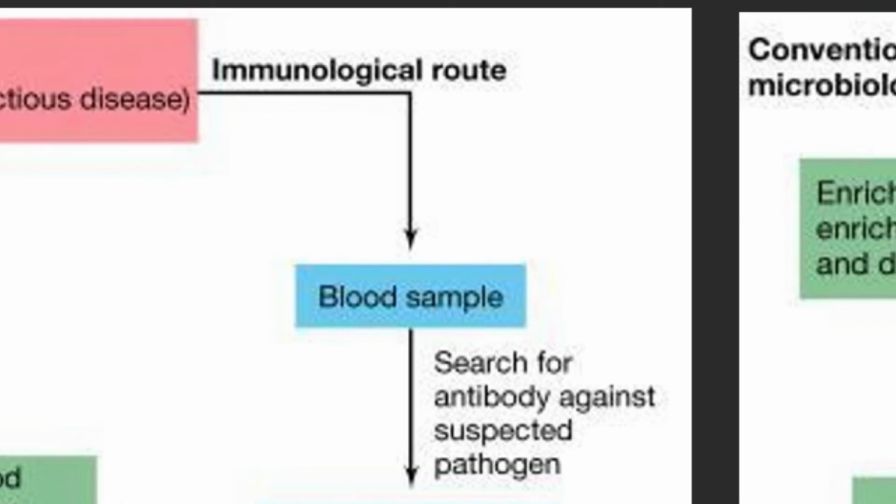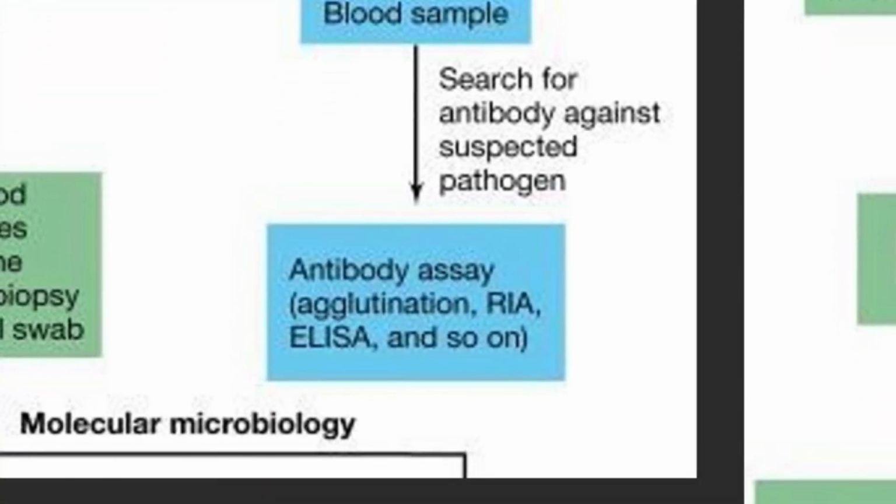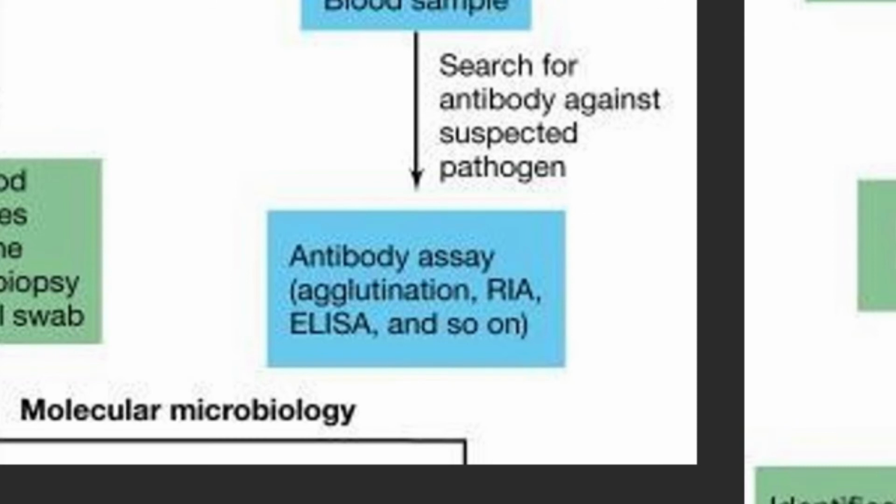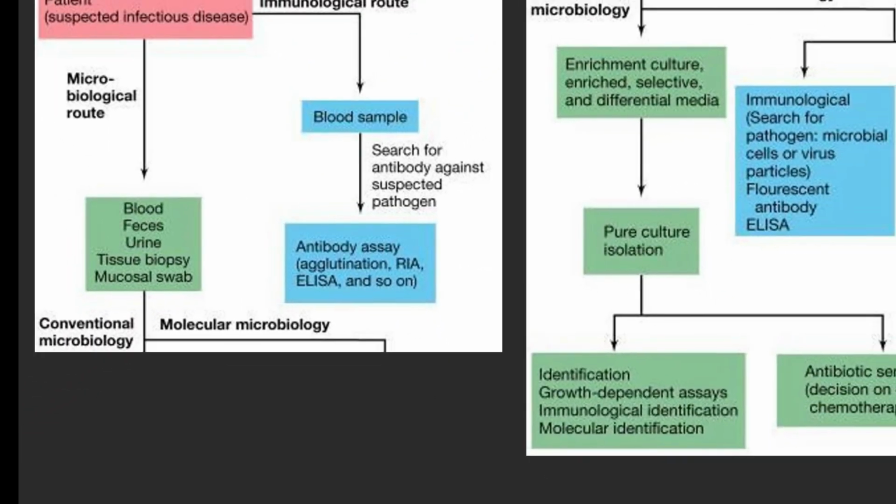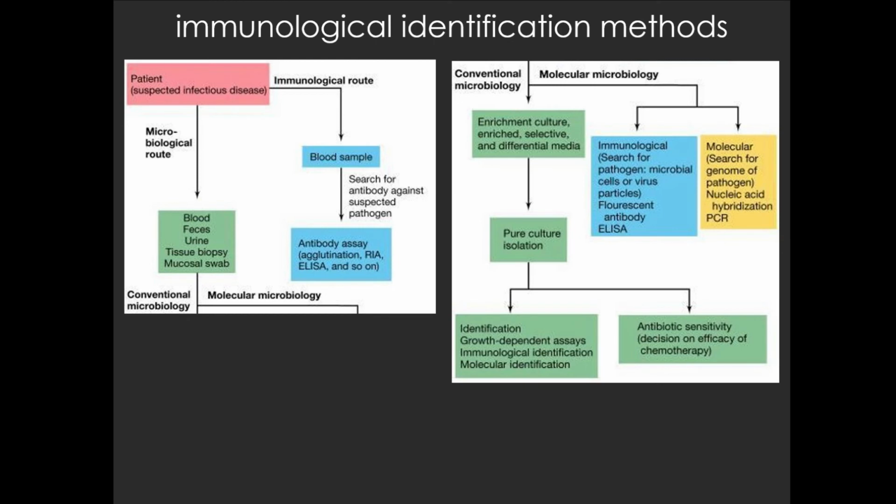which historically began with a blood sample, and that blood sample was used to search for antibodies against a suspected pathogen. And we're going to be discussing different ways that immunological assays have gotten better and better at finding antibodies, and it turns out antigens, in patient samples in order to have a highly reliable measurement of whether or not a person has contracted a particular etiologic agent.